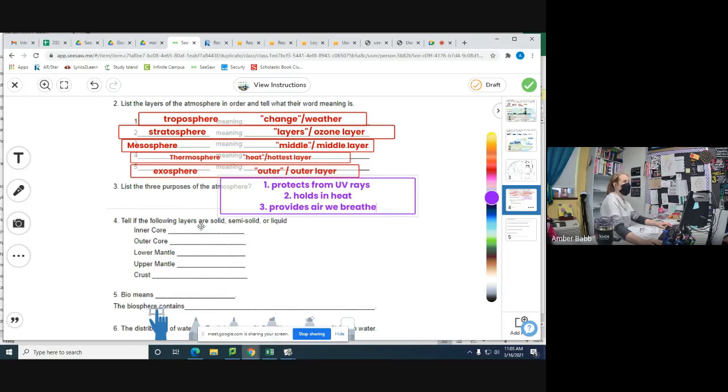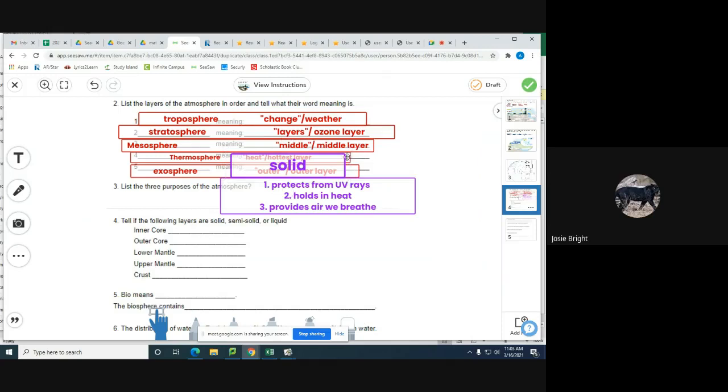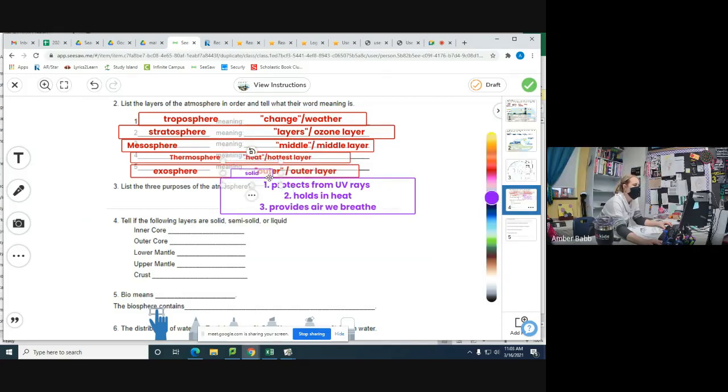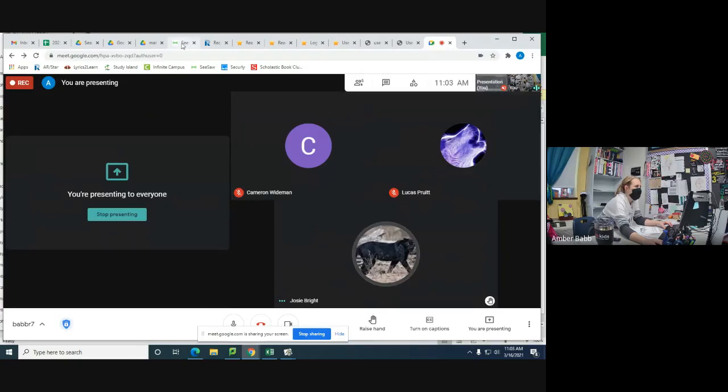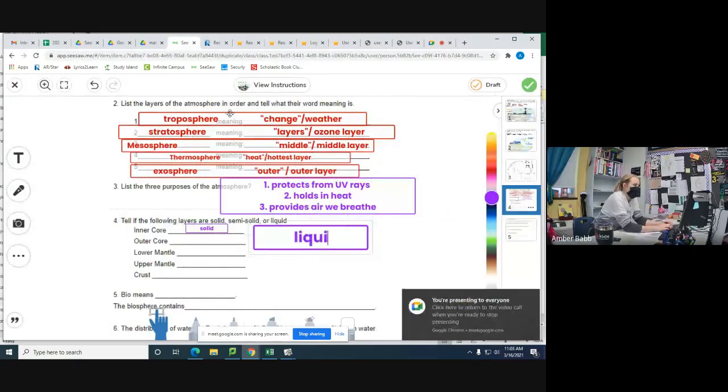All right, here is where I want you to tell me if they are solid, semi-solid, or liquid. And I have them going from inner all the way to the crust. So inner core is solid. Is that true? Yes. Next. What about the outer core? Liquid. It's liquid.